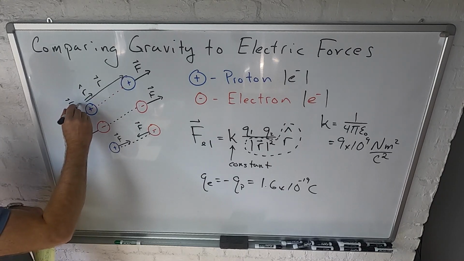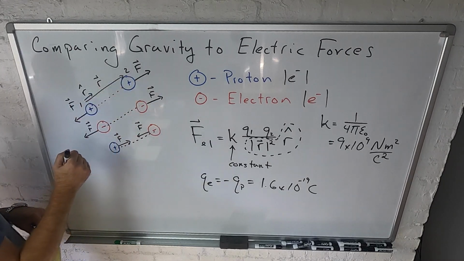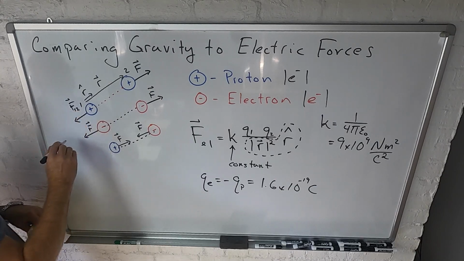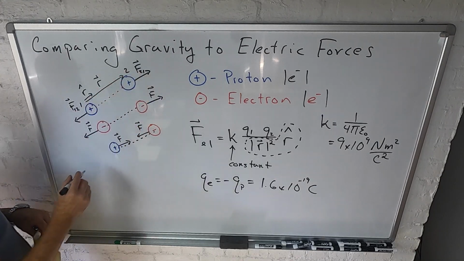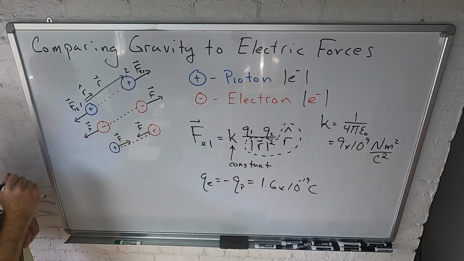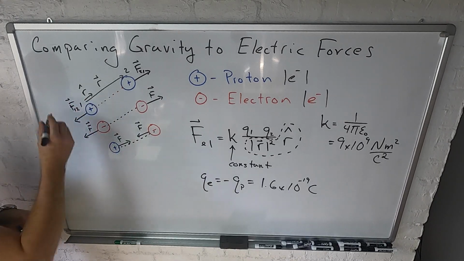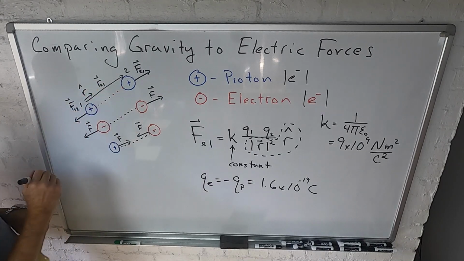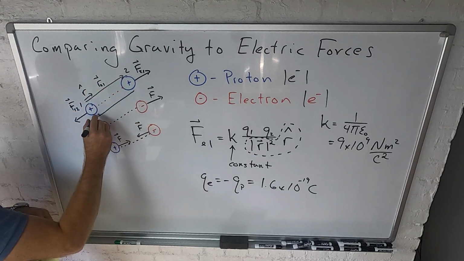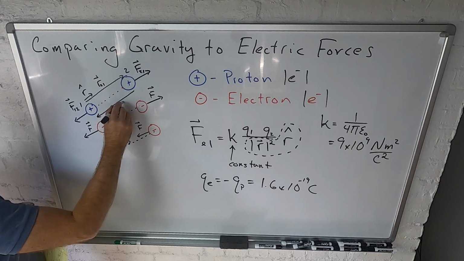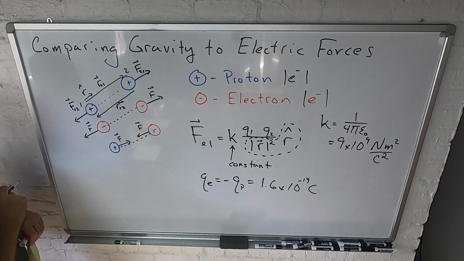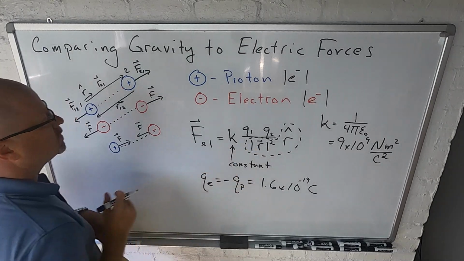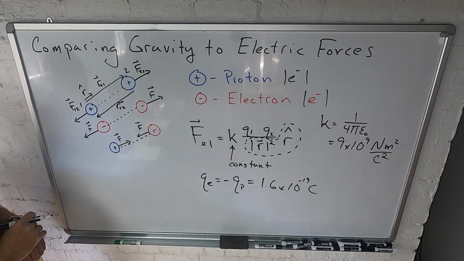For example, if I call this charge 1 and charge 2, if I want the force on 1 by 2, or the force on 2 by 1, I have to flip my vector to recognize that this is the vector r 2, 1. Or, if I turn it around, this will be the vector r 1, 2. So you have to be consistent with your vectors so that you get your force directions right.